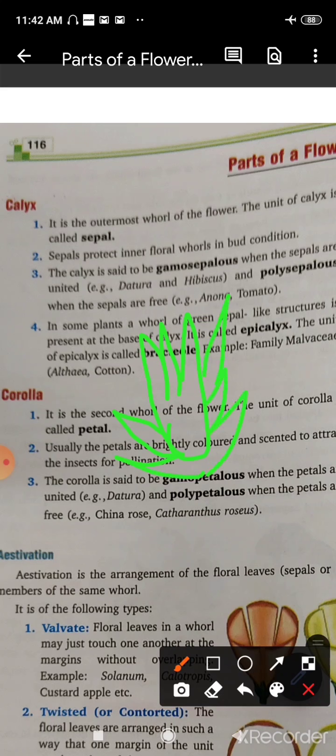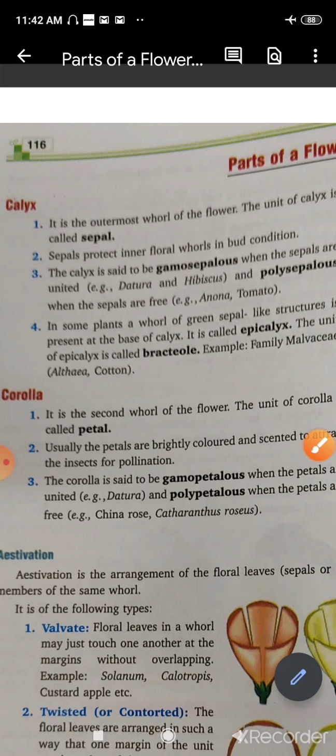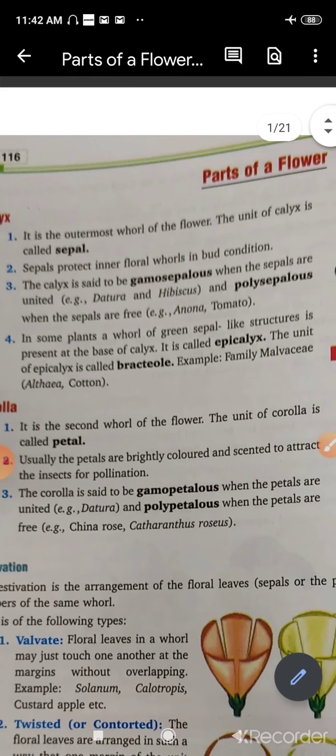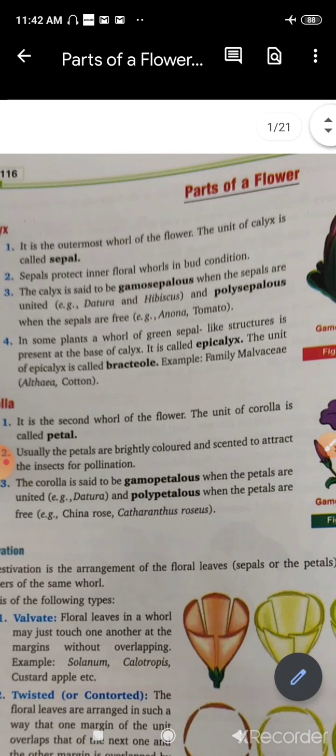Sepals are arranged like this, and it is still in the bud. This whole part is the bud, and the outer green part is the sepal. The sepals protect the floral parts in the bud condition. So the function is protection.